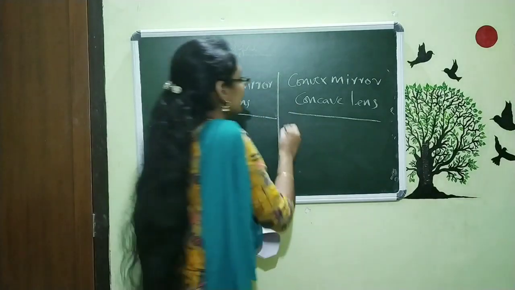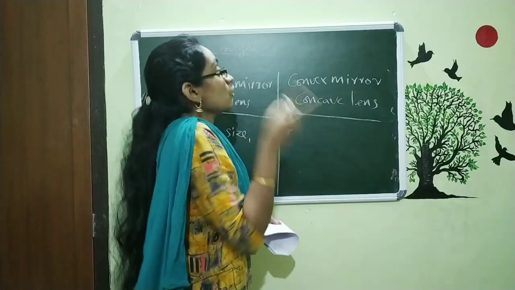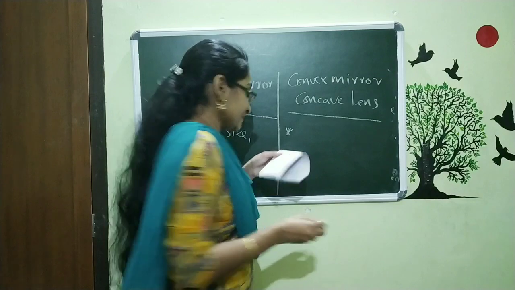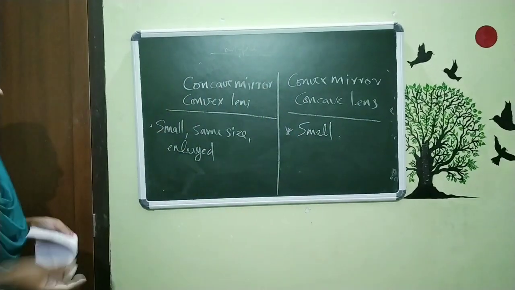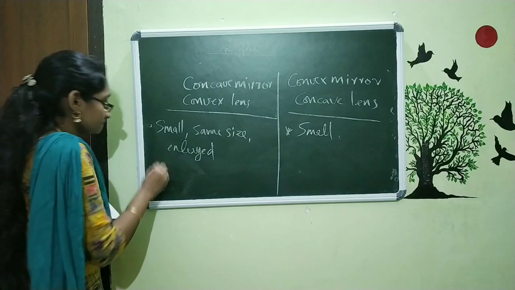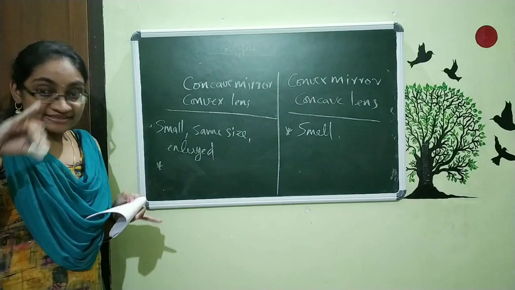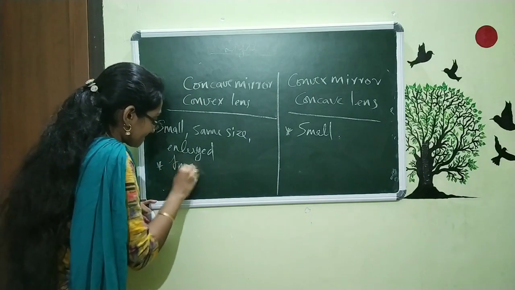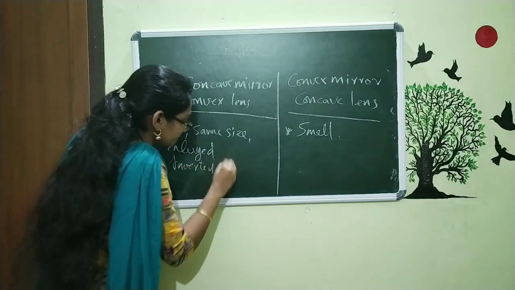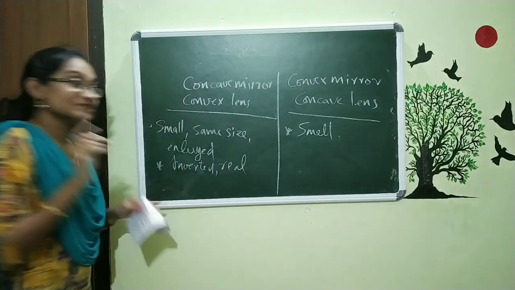But when we are thinking about the convex mirror or the concave lens, you will get a small image for that. And here you will get inverted and real generally. Inverted and real for general cases.